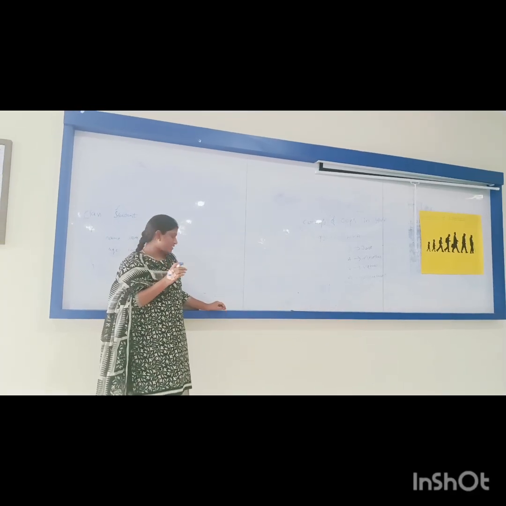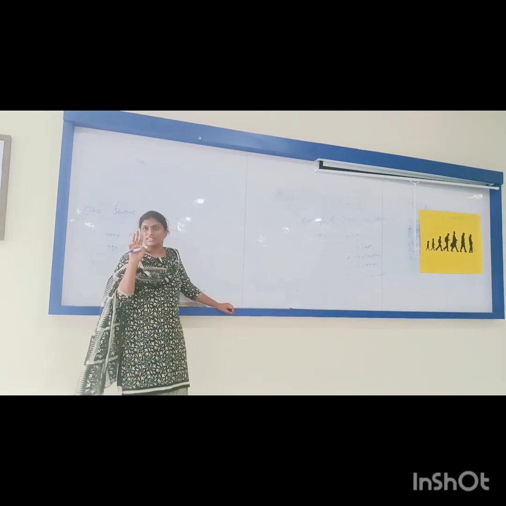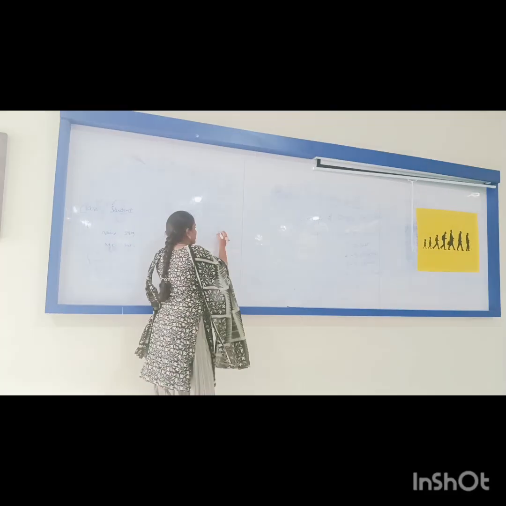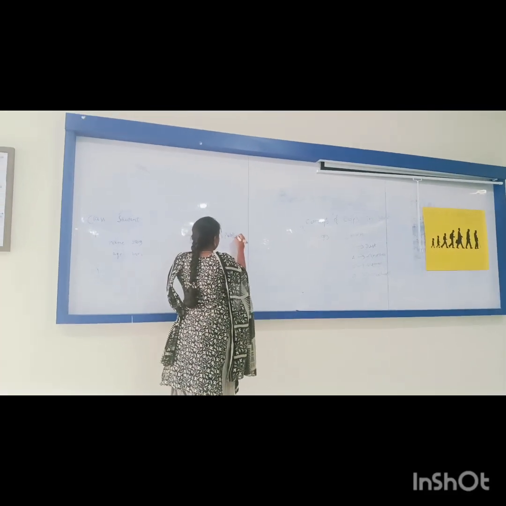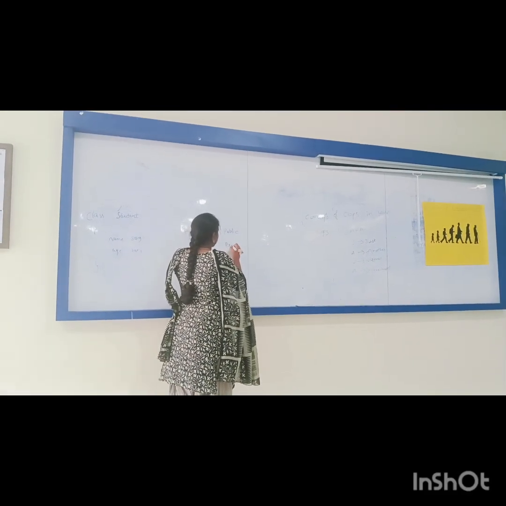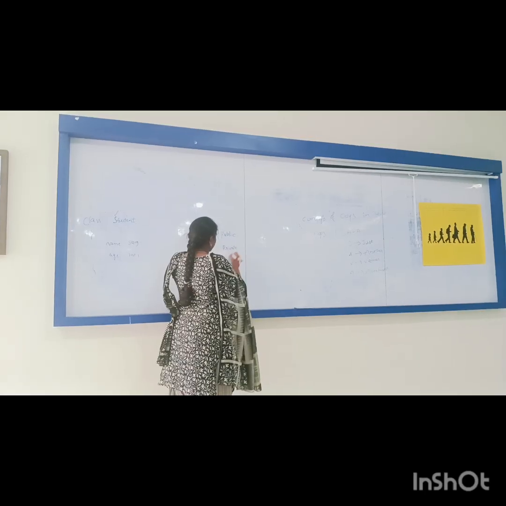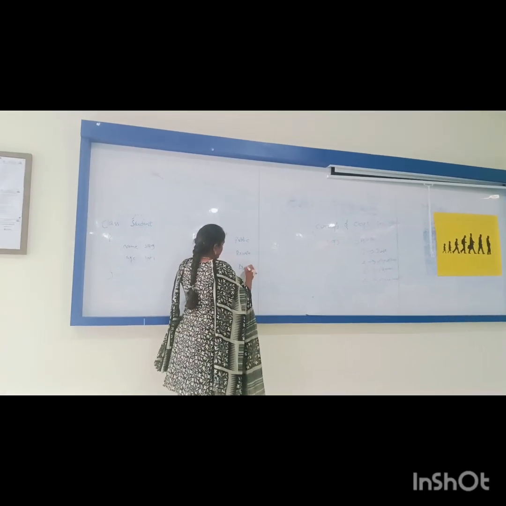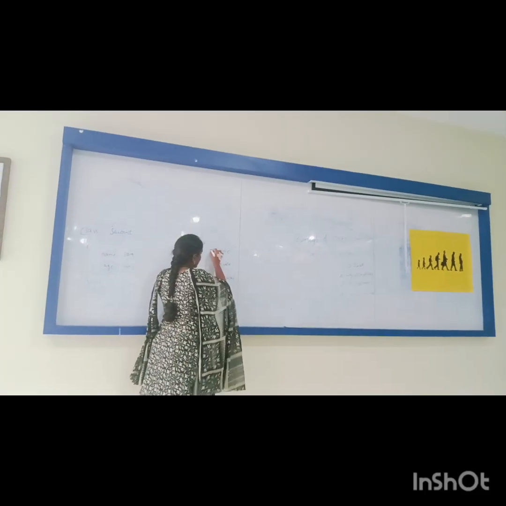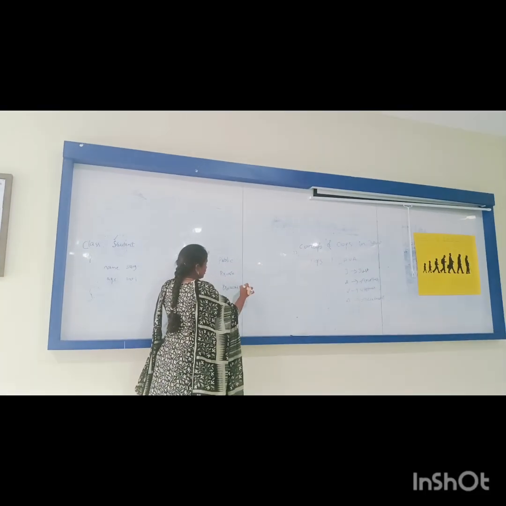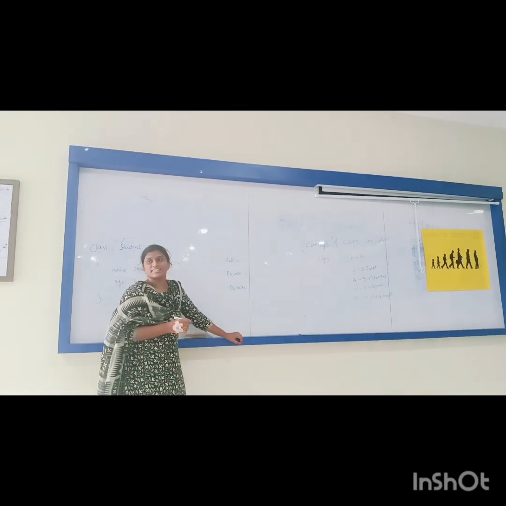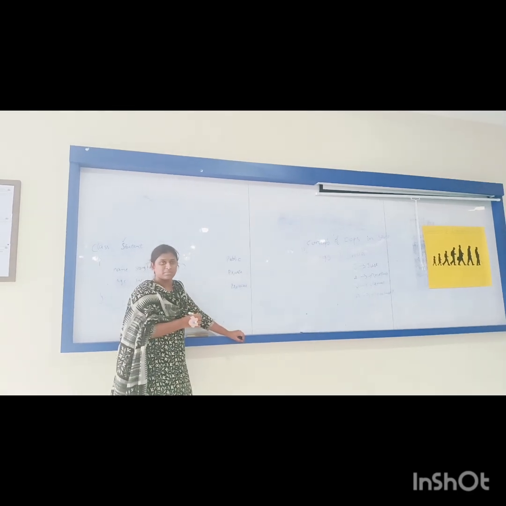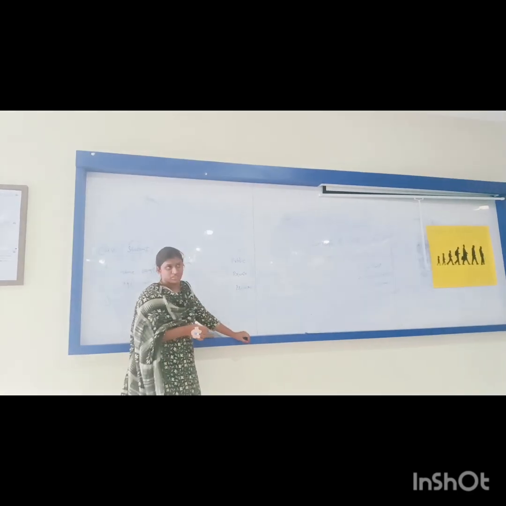Next, it uses three access modifiers: first one is public, second one is private, and third one is protected. Encapsulation stores the data and protects the data. This is encapsulation.